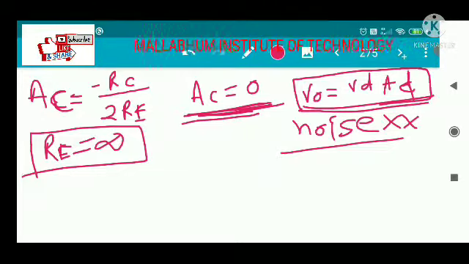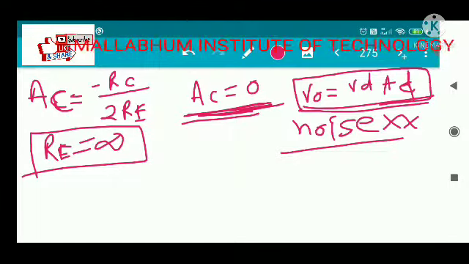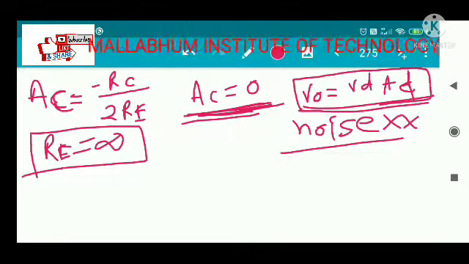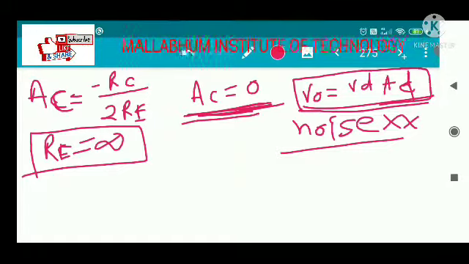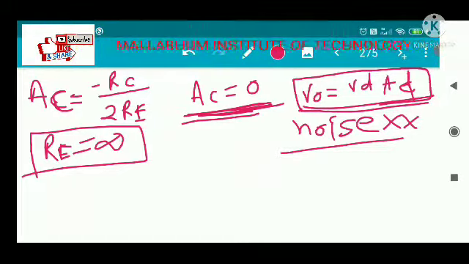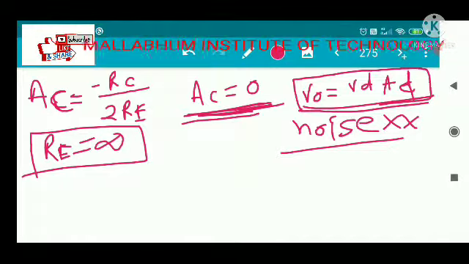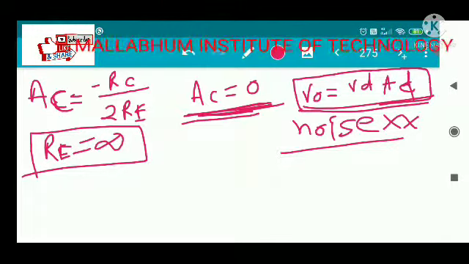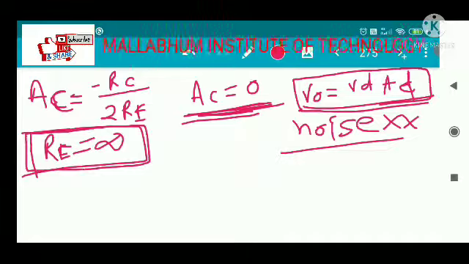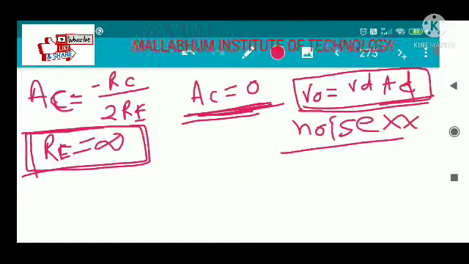But what happened? If we want to make the RE resistance very much higher, then this will not be a practical thing, that RE tends to infinite. So that's why, in place of RE, we want a constant current source.